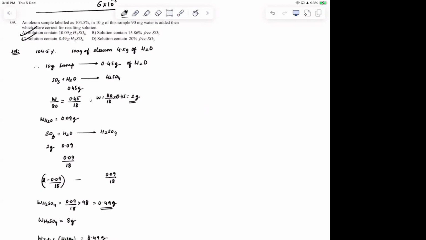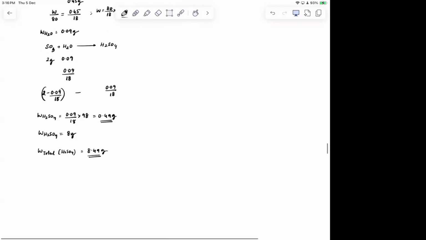Next. What is the percentage of SO3? The solution contains free SO3. How much amount of SO3 is left? That also we need to find. So here, if you notice, this is coming out to be 0.4, so the weight of SO3 leftover is 1.6 grams.